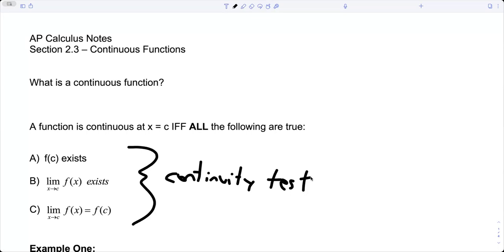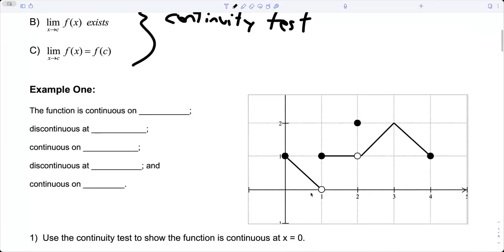Okay, so let's take a look. I have a little function here. It's a piecewise function. The function is continuous on the interval from 0 to 1. Yes. However, at x is equal to 1, it is discontinuous.